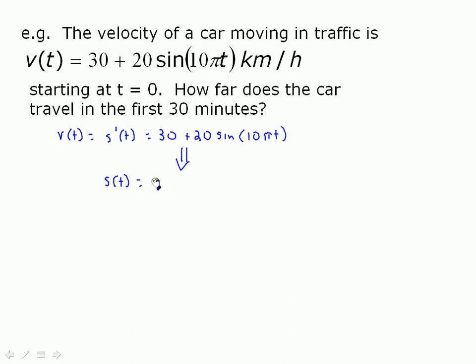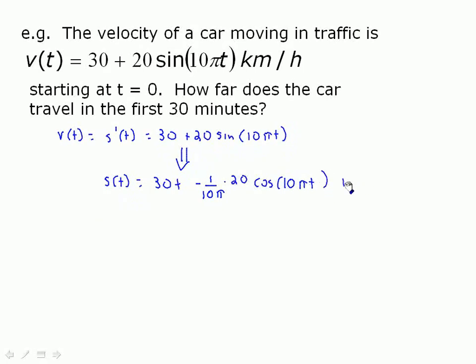So this becomes 30t. Now be careful with this one because the antiderivative of sine is actually negative cos. And what's more, it has to be negative 1 over 10 pi, the k value, which is then multiplied by the 20 that is already there, and then times the cosine of 10 pi t.